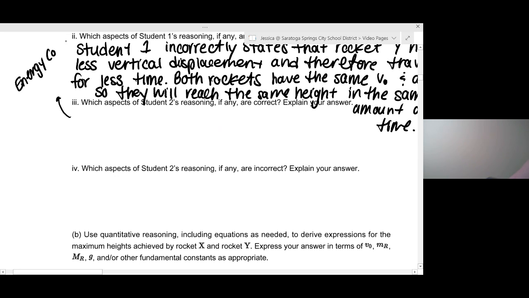In this case, we have kinetic energy converting to gravitational potential energy from launch to max height. So 1/2 mv squared converts to mgh. If you notice, mass cancels on both sides, which says that this maximum height is independent of the mass.